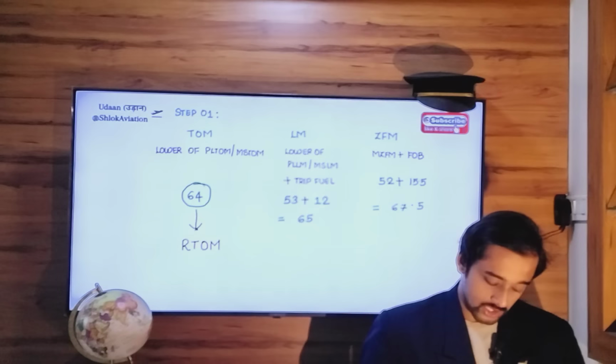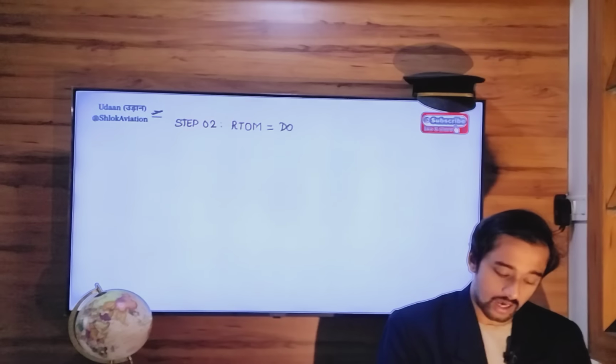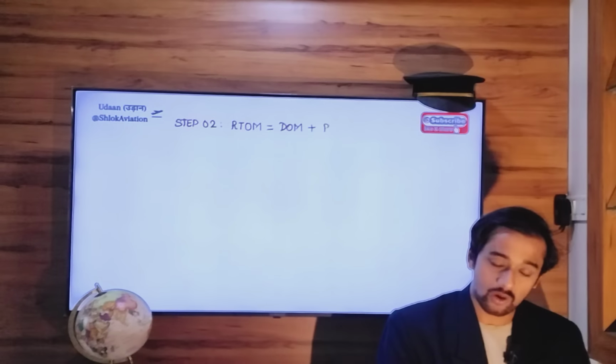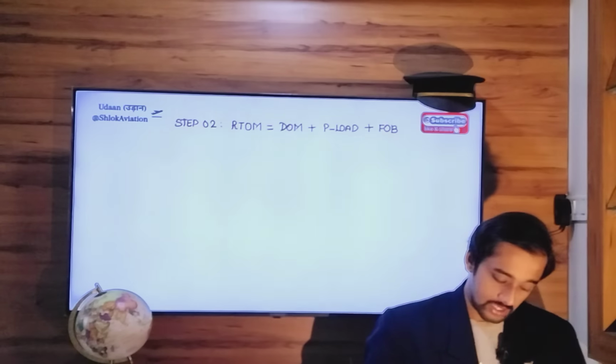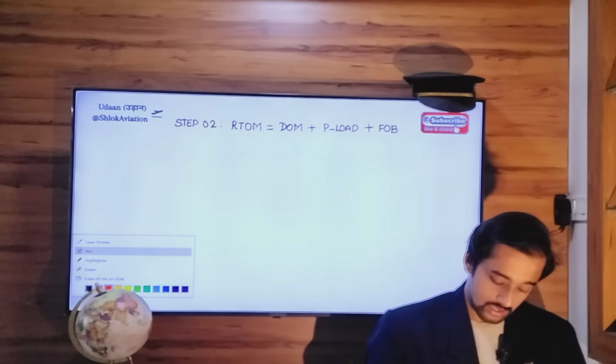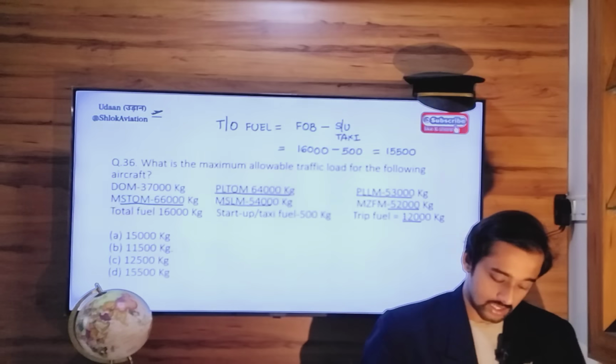Now let's proceed to step number 2, which is regulated takeoff mass equals dry operating mass plus payload or traffic load plus fuel on board or takeoff fuel. Substituting the values, you get 64 equals dry operating mass is 37,000 or 37.